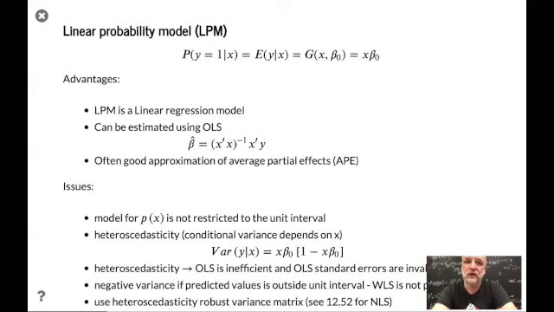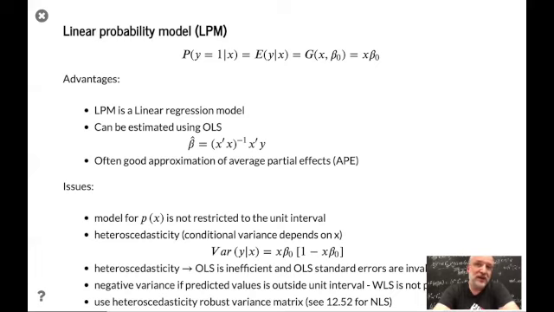We'll talk about that later. But our estimator beta hat is a good approximation of those average partial effects. So if your interest is in the average marginal response to a change in an explanatory variable, then the OLS estimator, or the linear probability model, gives you a very nice approximation to that, even within this simple framework.